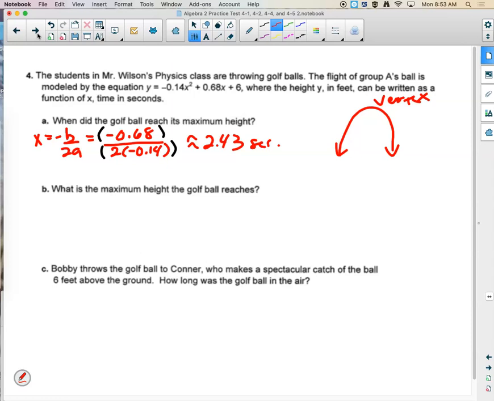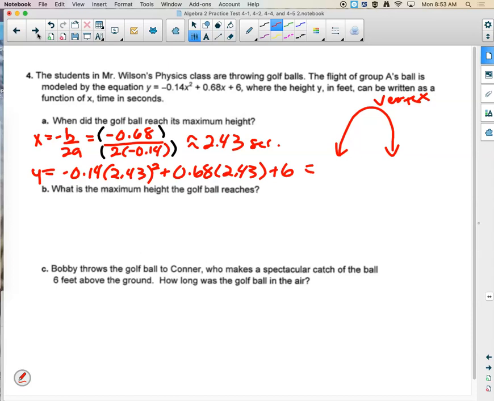How do we get the height? Plug it in. So that's kind of a monster.